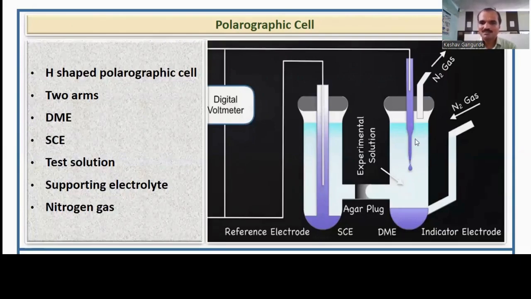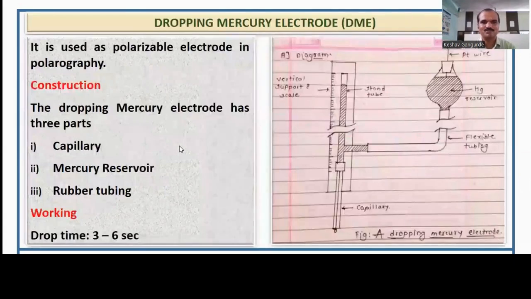When the solution arm is filled with the sample solution and supporting electrolyte, nitrogen gas is passed through the experimental solution to remove the dissolved oxygen and its interference. The potential is applied across the two electrodes and the current voltage data is measured in order to get the polarogram for the analysis of the sample solution.